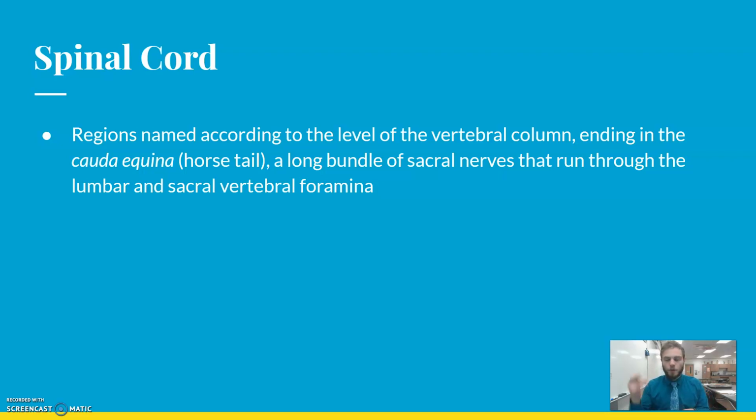So it's going to go through a cervical region, there will be a thoracic region, there will be a lumbar region, and towards the lumbar and sacral region, you're going to get what's called the cauda equina, which translates as the horse tail, because if you were to look at all of those sacral nerves, it's going to look like a very wiry, long bundle of hairs, sort of like you can picture a horse's tail looking like, and so that's where it gets its name.